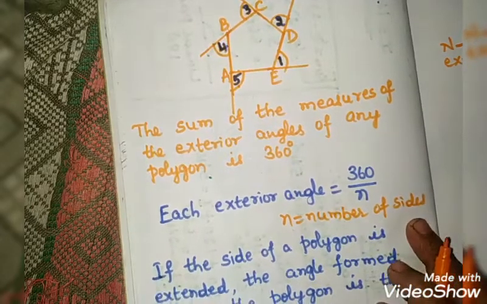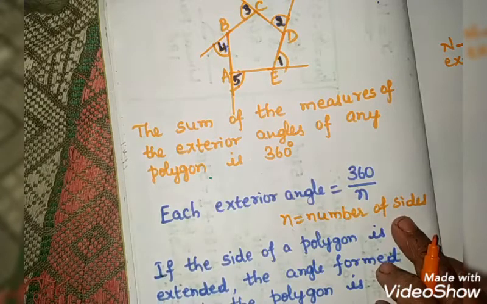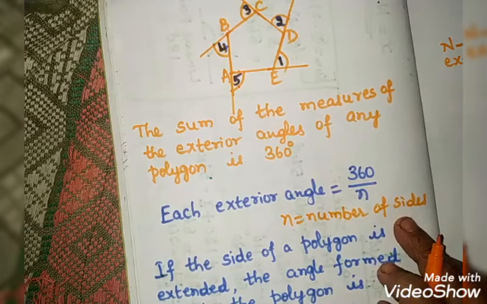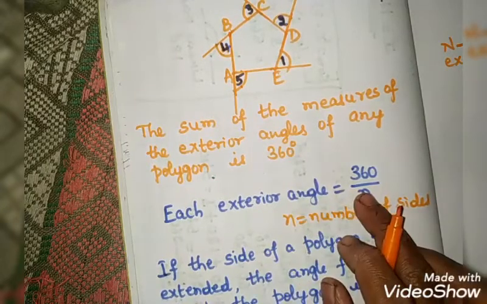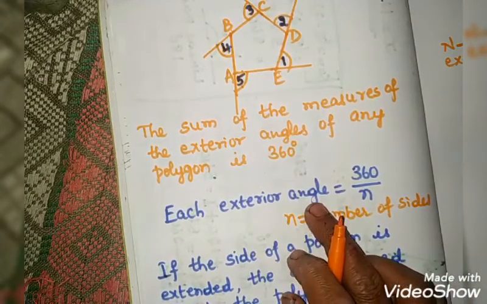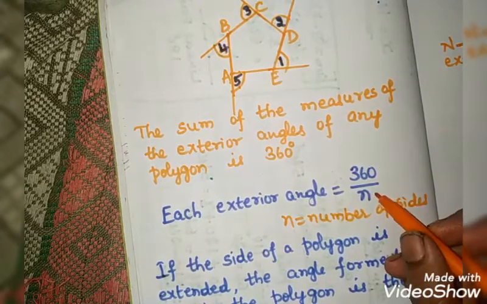Number of sides. This symbol we came across earlier also in finding the interior angles, isn't it? So, n is equal to the number of sides. What is each exterior angle equal to? Each exterior angle of a polygon is always given by the formula 360 divided by n.